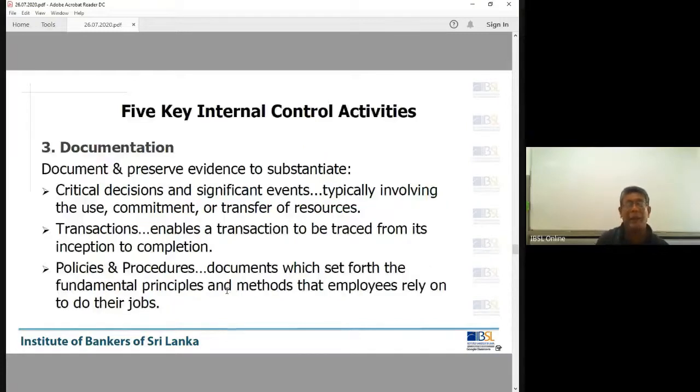Third point, documentation. Why do we need documentation? When you are granting a loan, you must have supporting documents. Without the proper documents, you cannot file action against the customer. So documentation plays an important role.